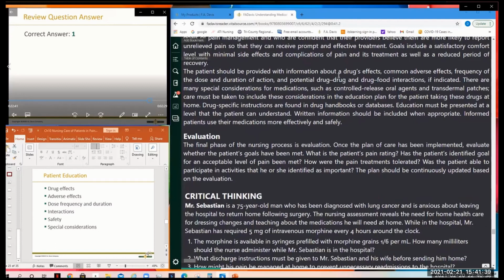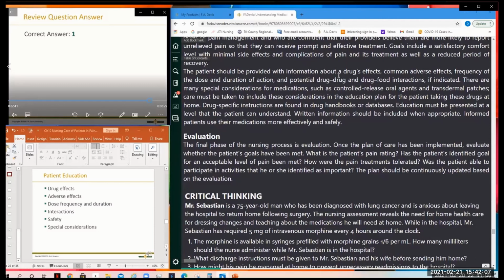Patients should be provided with information about a drug's effects, common adverse effects, frequency of the dose and duration of action, and potential drug-drug and drug-food interactions if indicated. There are many special considerations for medications, such as controlled release oral agents and transdermal patches.